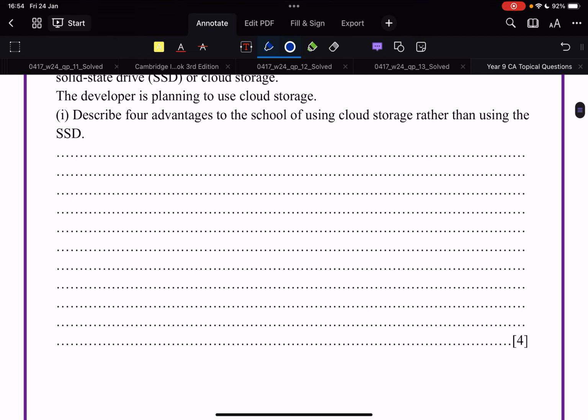So the first one is the fact that the cloud has greater storage capacity.